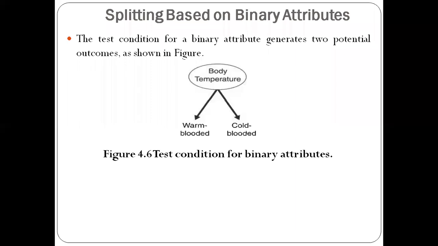For example, if body temperature is the test condition you have chosen, we have only two outcomes: warm blooded or cold blooded. This is a binary split.